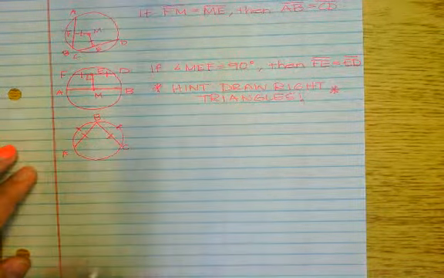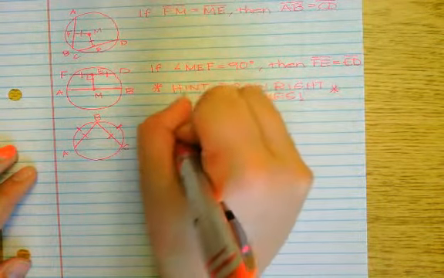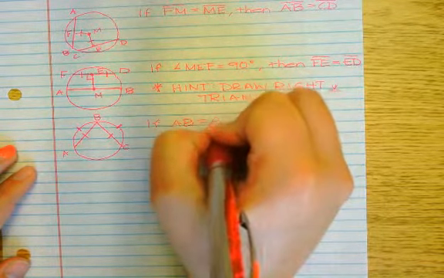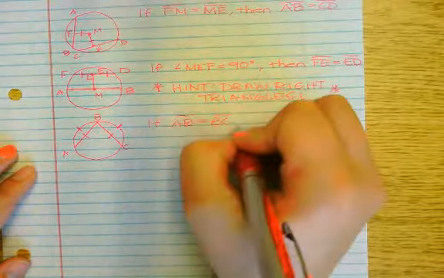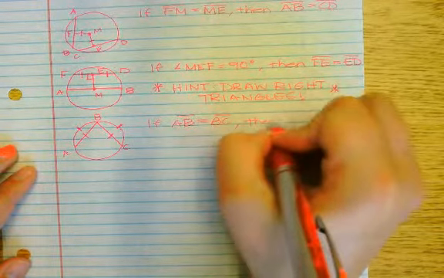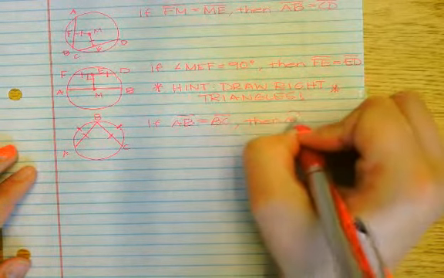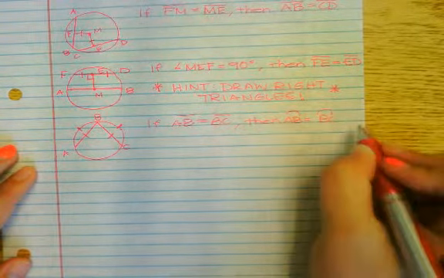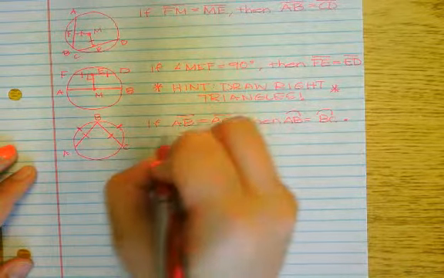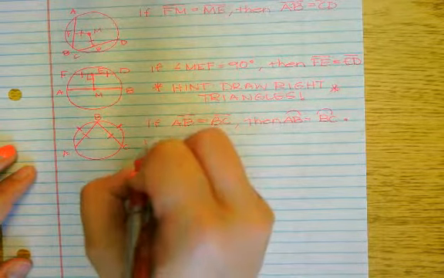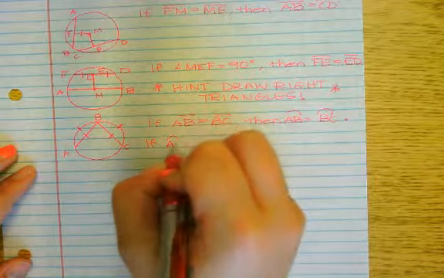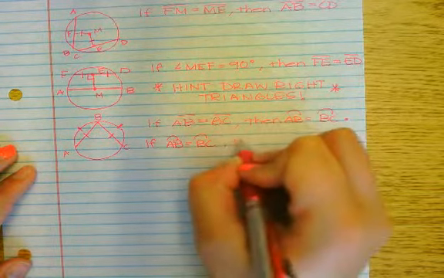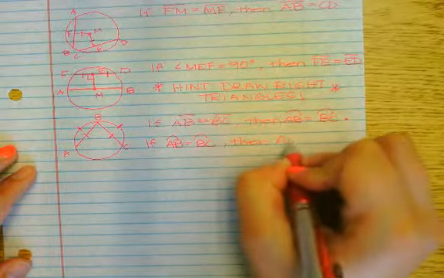If AB is equal to BC, then arc AB is equal to arc BC. And the converse is true too. So if arc AB is equal to arc BC, then chord AB is congruent to BC.